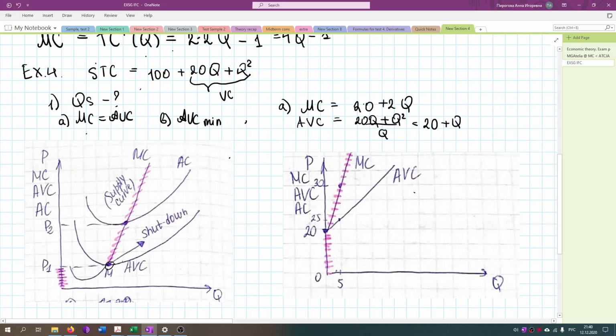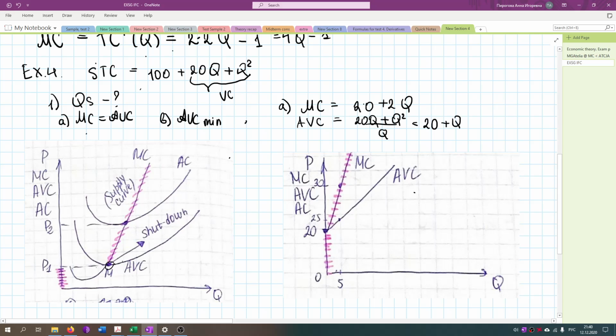And if we draw a graph, we will see that our marginal cost and our average variable cost intersect at the point 20.